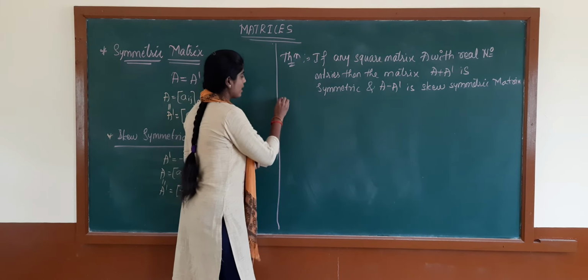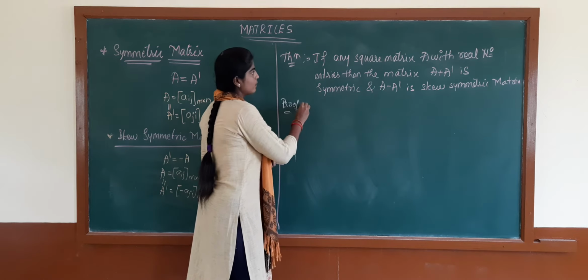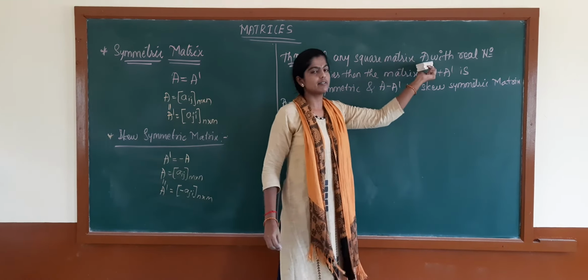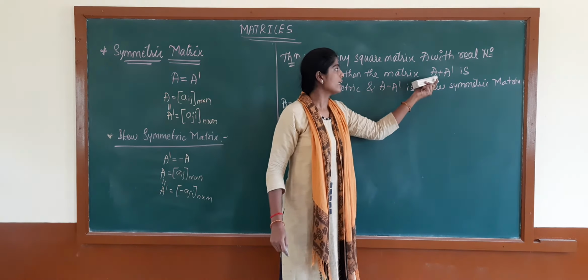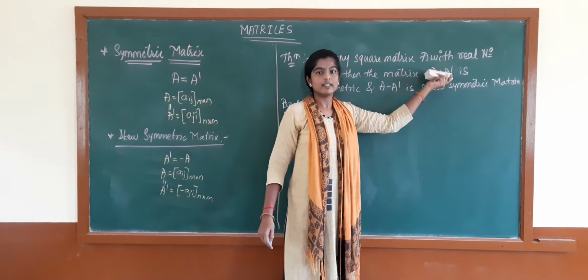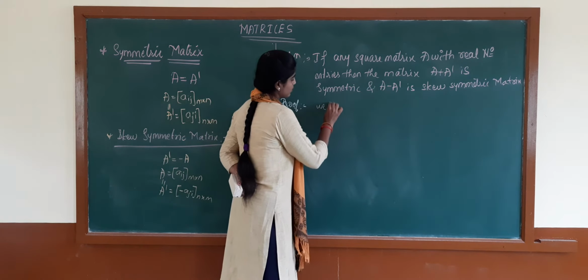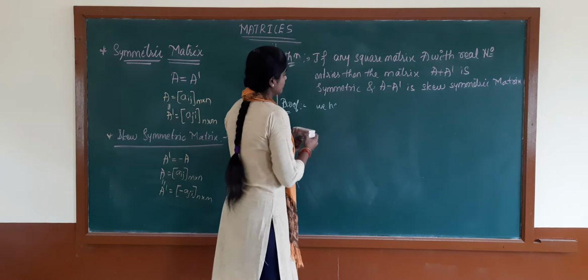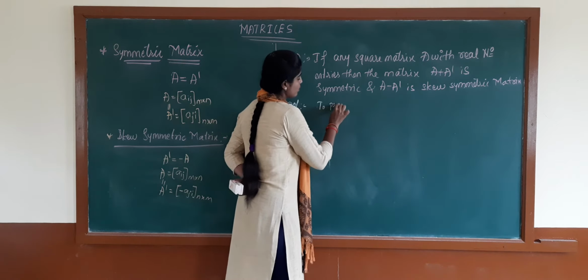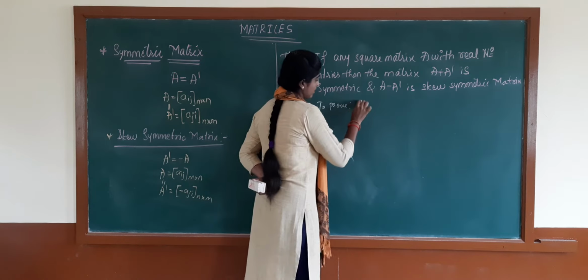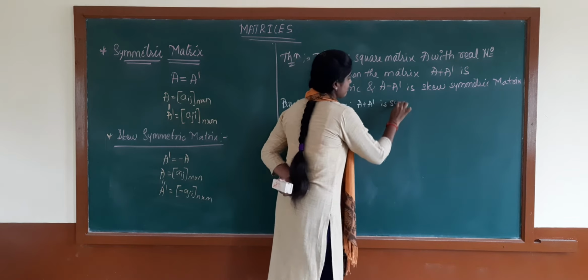The proof is: we know that A is a matrix with real numbers. First we have to prove that A plus A dash is a symmetric matrix.